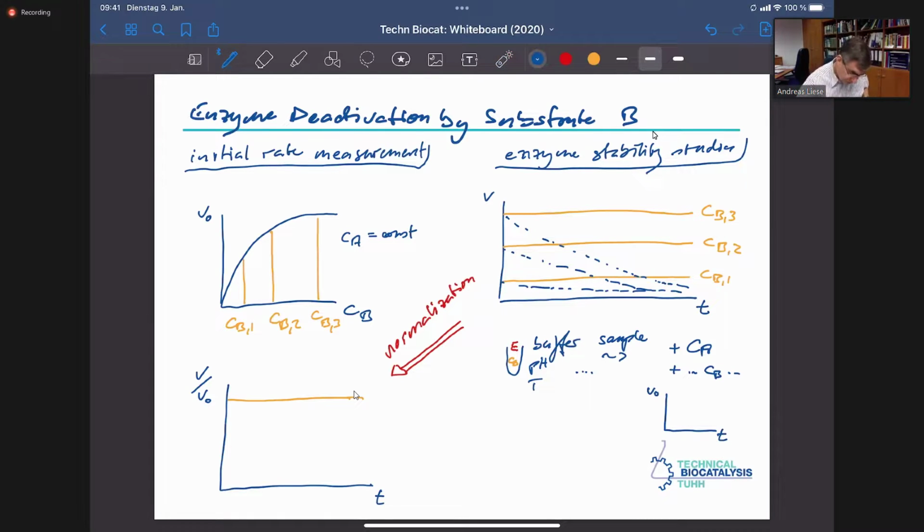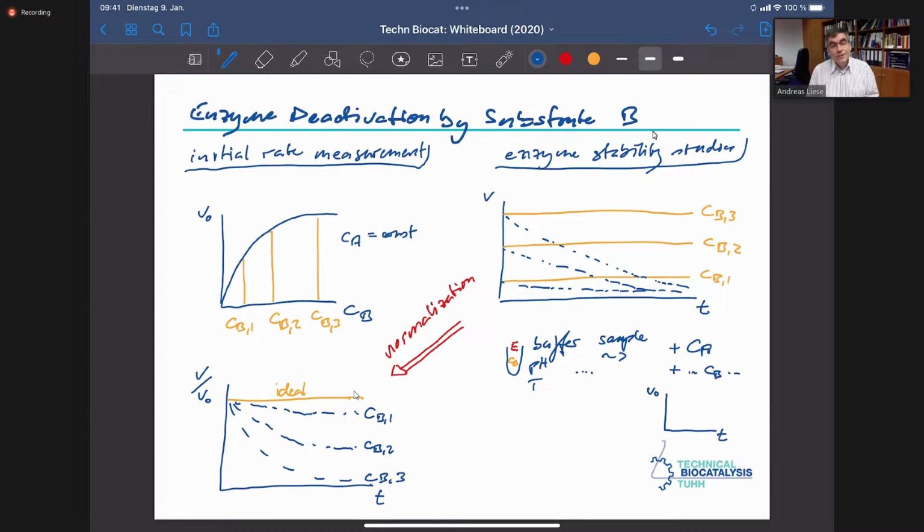And in consequence, we will see a fast deactivation in the case of CB3, CB2, and CB1. So this is ideal, and in case of the deactivation, and that's not important, this is CB1, CB2, and CB3.